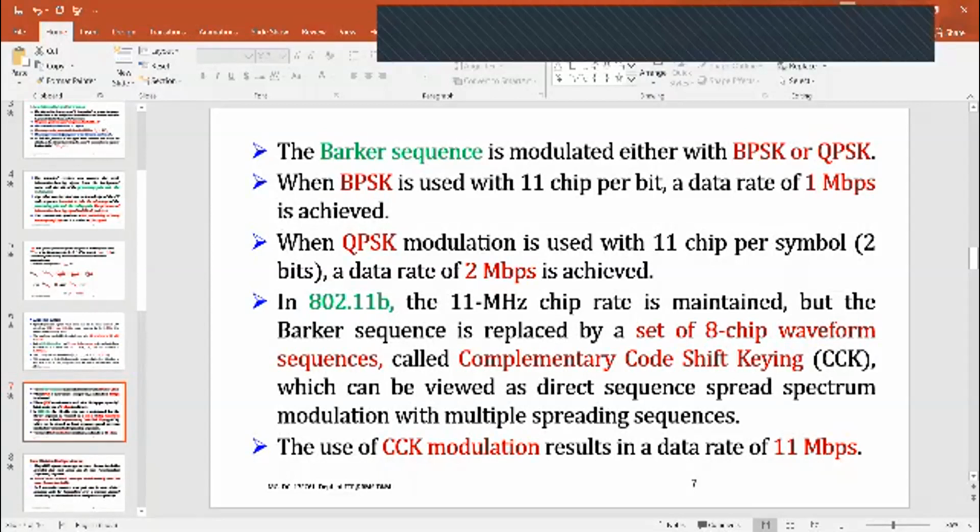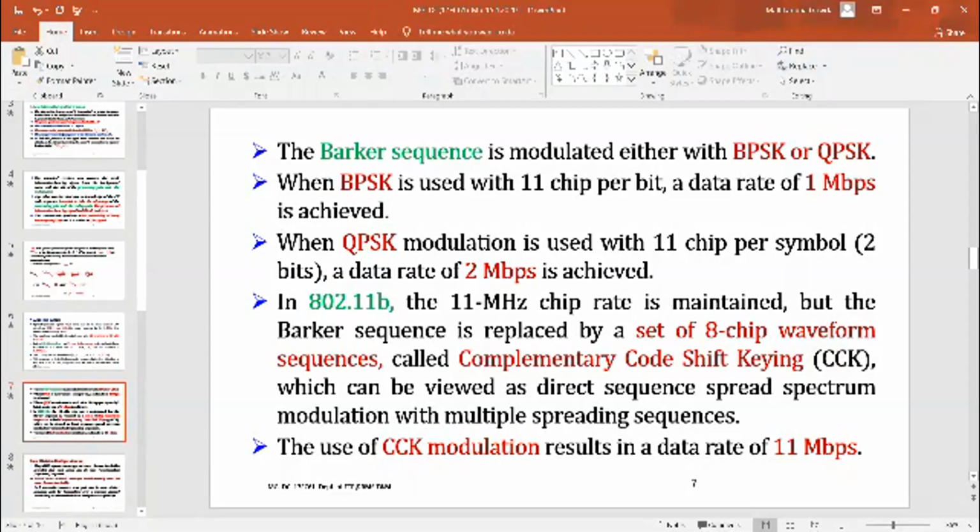By using CCK modulation in 802.11b networks, it is possible to achieve a data rate of 11 Mbps. See, there is a huge increase in the data rate compared to the use of either BPSK or QPSK, which was done in the IEEE 802.11 standard.